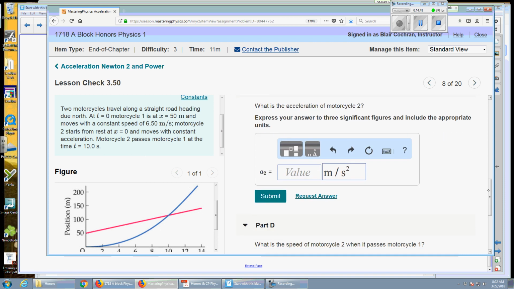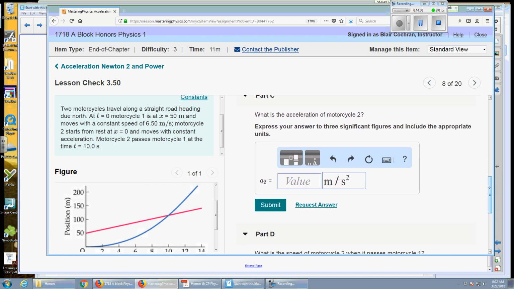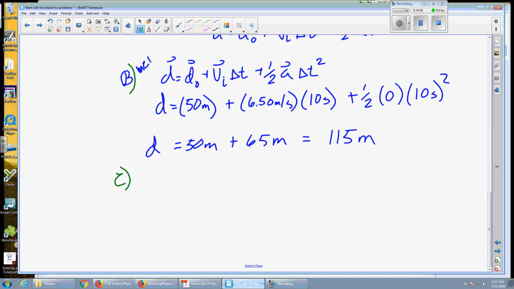So on to part C. What is the acceleration of motorcycle 2? I don't know that, but I know where it ends up now: 115 meters. So I can use my same relationship, except this time I'm doing it for motorcycle 2.